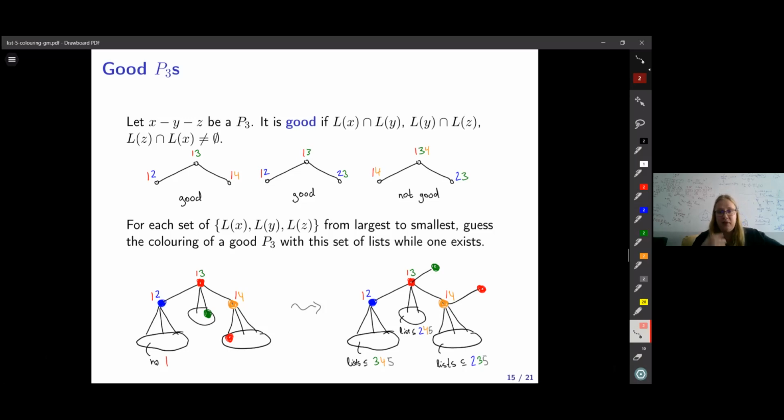So I pick one of these and then do it again, and do it again, with the same set of lists. And because of these updates, and because no 2 of the lists in the P3 are disjoint, there will be no edges between the P3s.